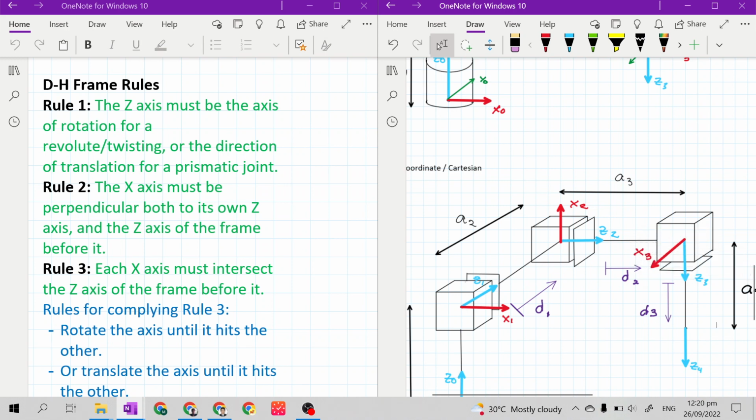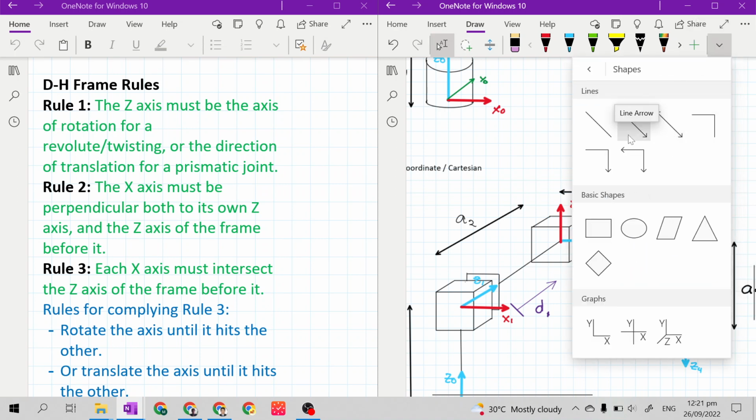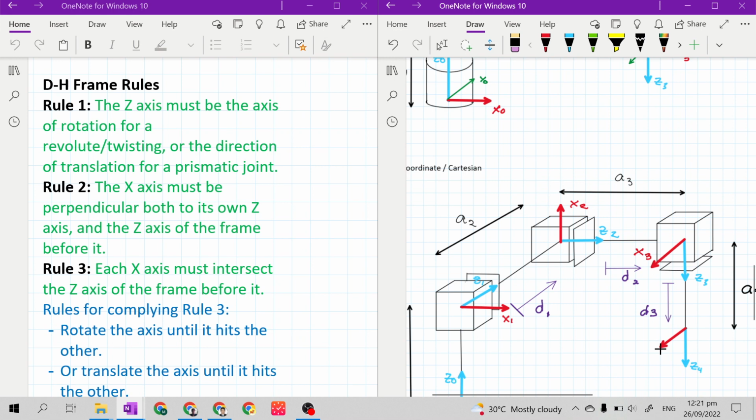Then lastly, for our end effector's x-axis, okay, both z sub 3 and z sub 4 are pointing downward. So I will choose x sub 4 to the front, or I can also choose this x sub 4 to the right or to the left, but I will choose to the front because based on experience, it will be better if x sub 4 will have the same direction as x sub 3.